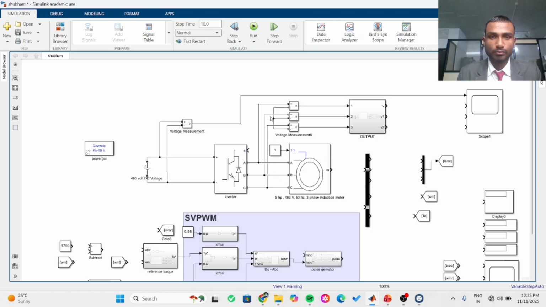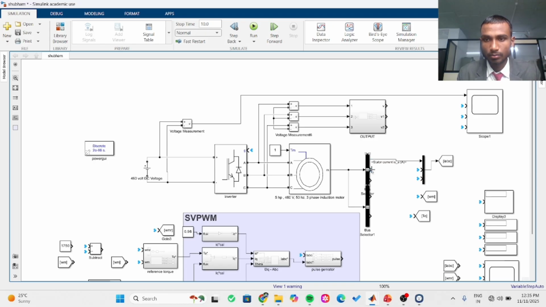B point. After that, these are the bus selectors. So we have taken two bus selectors here. Join this bus connection.